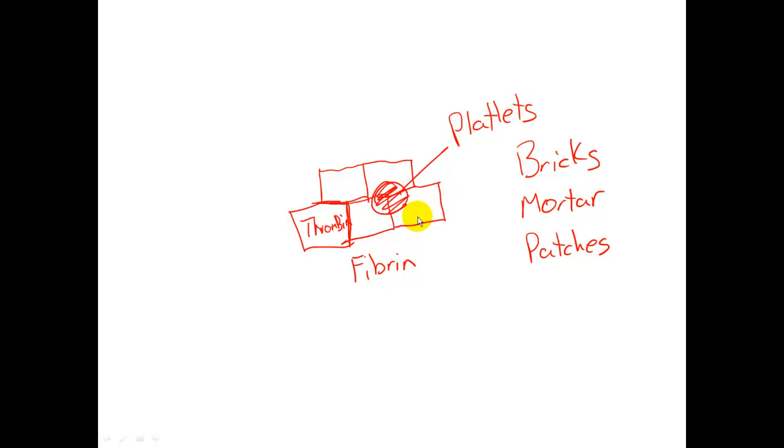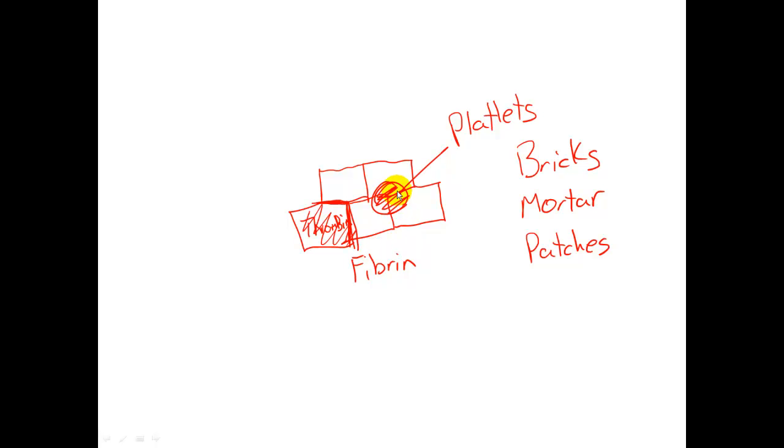And if we think of it like this, then it's a lot easier for us to visualize where the medicine is actually working. So anytime that we adjust prothrombin to the forming of thrombin, we're talking about the actual thrombus or the bricks. One more time. Anytime we're talking about the substance that holds the bricks together, we're talking about fibrinogen to fibrin.